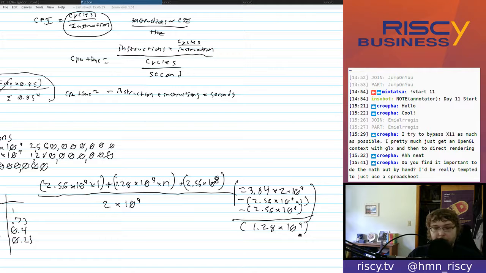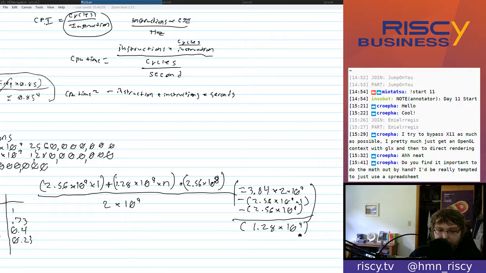So let me type this into my phone calculator here. So 3.84 times 2 times 10, and where's the power on this thing?